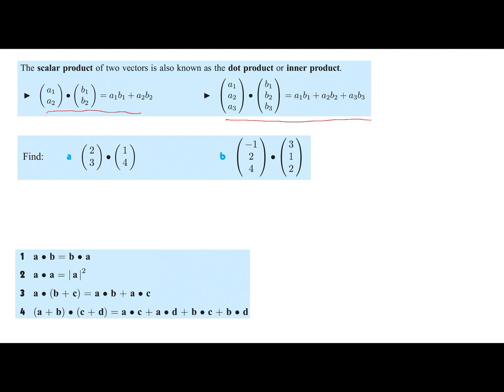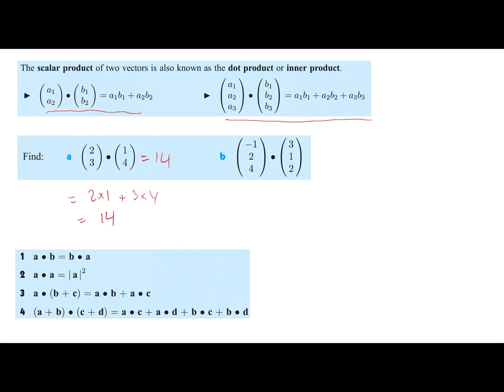It follows the formulas that you've got here, and it works in 2 and in 3 dimensions. If we look at A, the dot product simply says it's going to be 2 times 1 plus 3 times 4. So that's going to be 2 plus 12 is 14. The dot product of these two vectors is equal to 14.